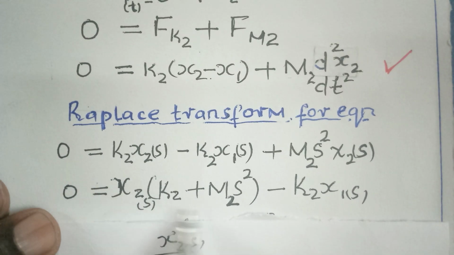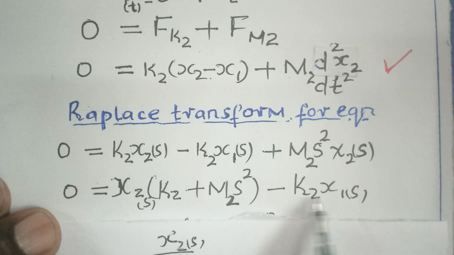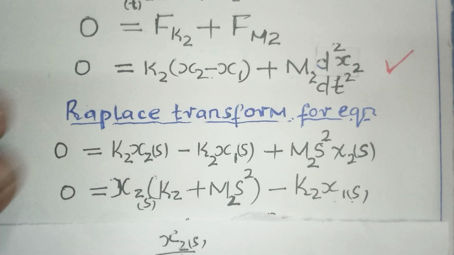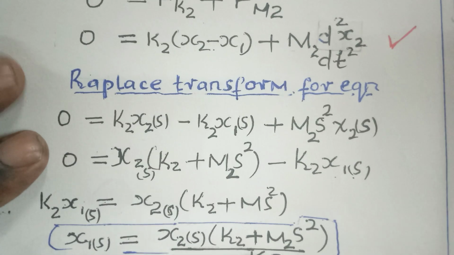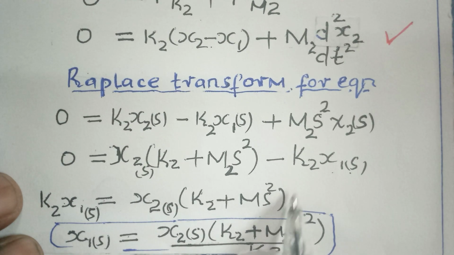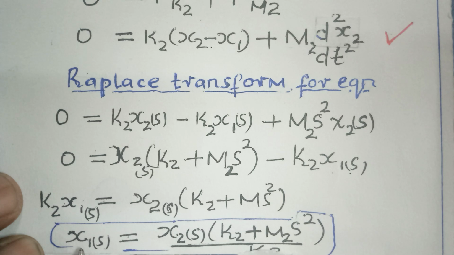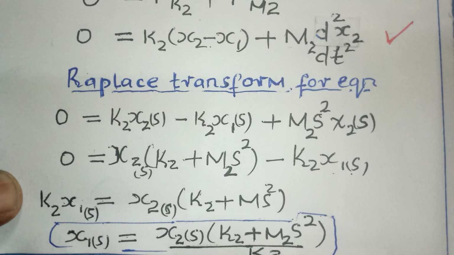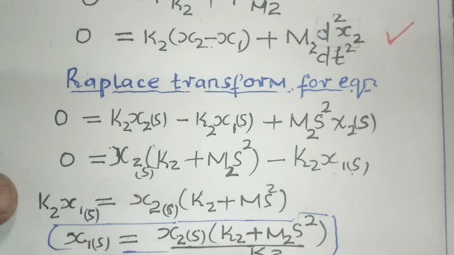We factor out x2, we get that, minus x1. So this, we can bring to the other side. And so we have here, guys, K2 x1 equals that. Guys, this is now going to be our x1.